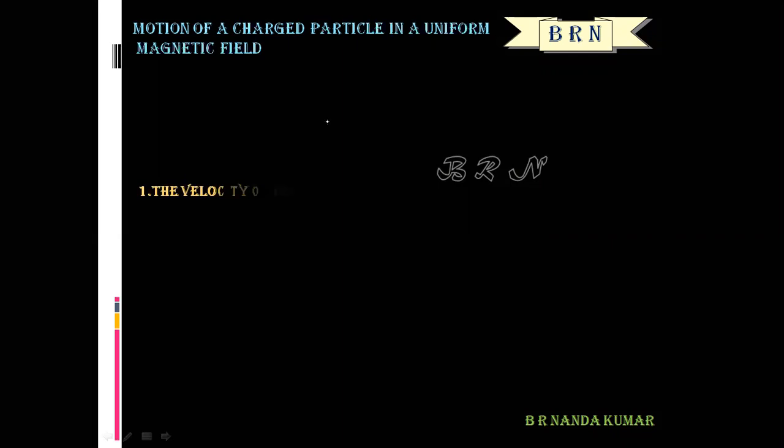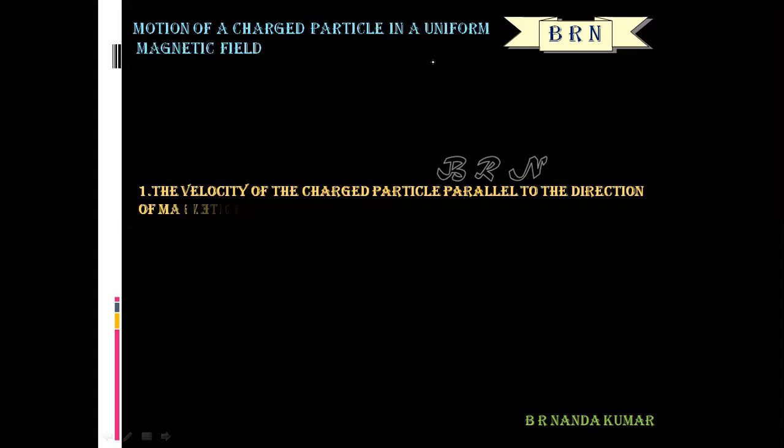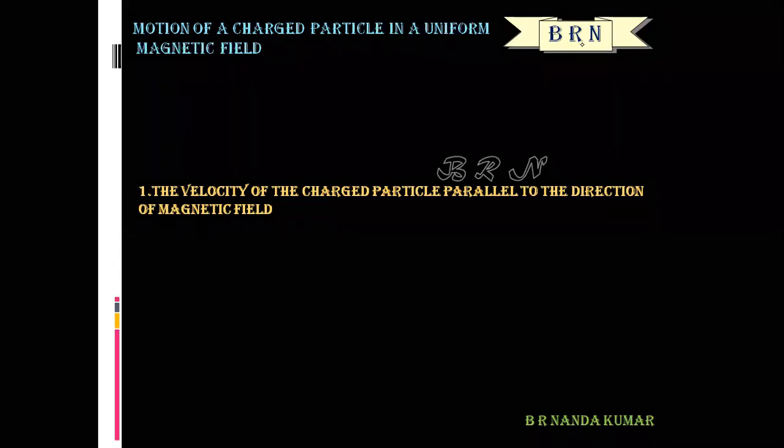The next topic is motion of a charged particle in a uniform magnetic field. What is the expression for the force acting on a charged particle in the presence of a uniform magnetic field? The force acting on the charged particle due to the magnetic field is given by F_B vector is equal to Q of V vector cross B vector.